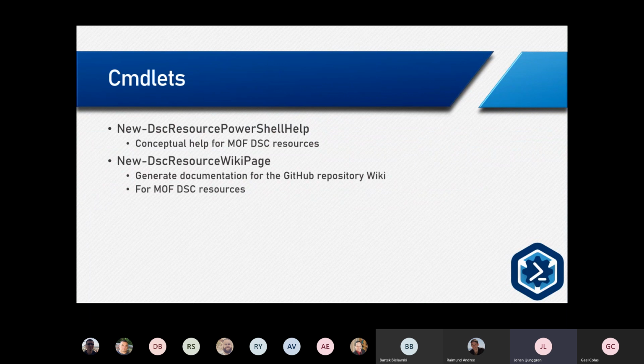We have two public commandlets: one that creates conceptual help for MOF DSC resources, and another that Yorick created just a few days ago that generates wiki documentation. It outputs the documentation to markdown files that can be uploaded to the GitHub repository. What we're missing here is the task that actually uploads it, but we come to that later.